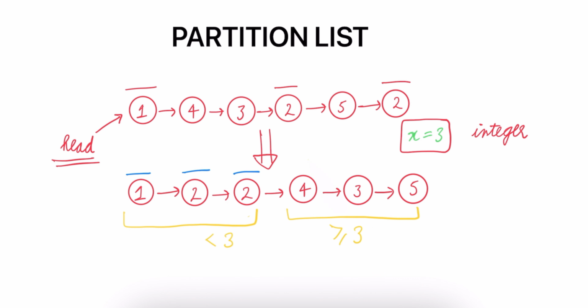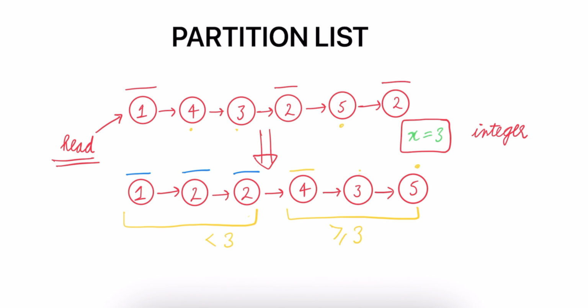And for nodes which have values greater than or equal to 3, their ordering is also the same as in the original linked list. Node 4 is before node 3, and node 3 is before node 5, and in the original linked list it was in the same order.